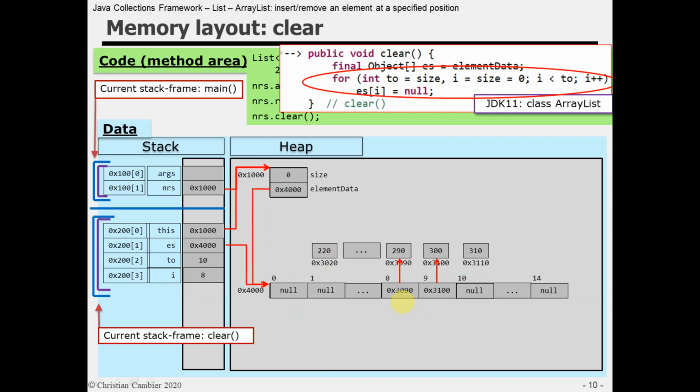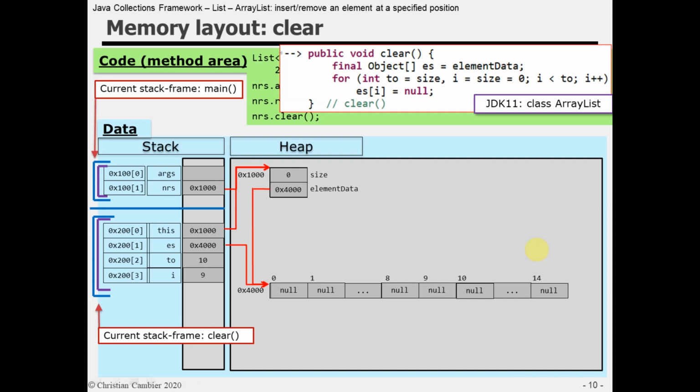Index 8 and index 9. So they all get null. And note as well that the wrapper objects are untouched. It is the content, and there is no shrinking of the array, so the length of the array remains untouched as well. Okay, and that's for clear. And so these objects will be cleared as well eventually.